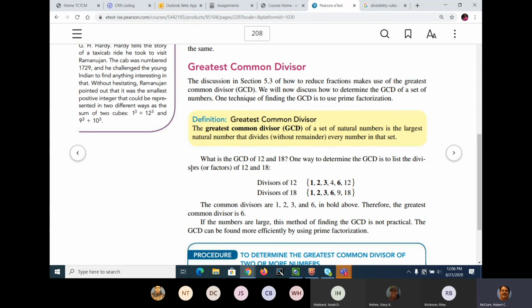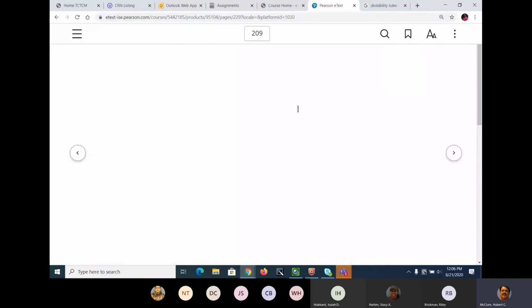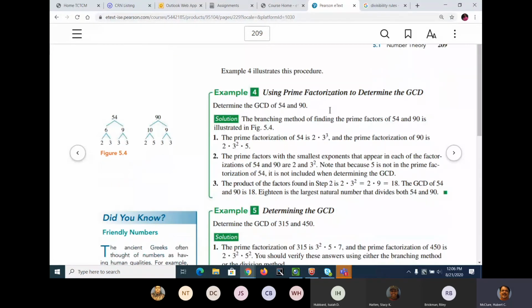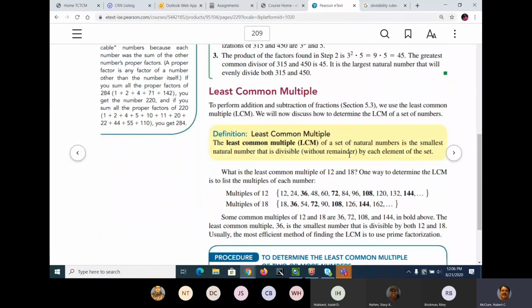And the least common multiple, that's going to be the next page. I've got them written down on the page here. Just hold on. And there it is. The least common multiple of a set is the smallest natural number that is divisible by each element.